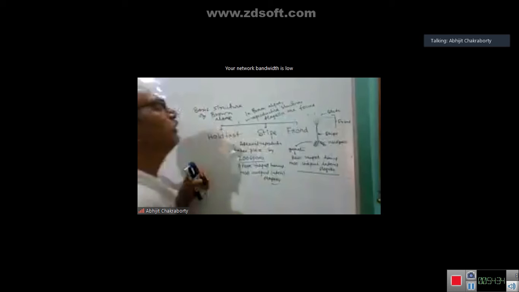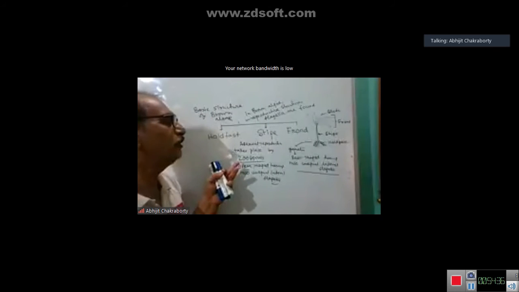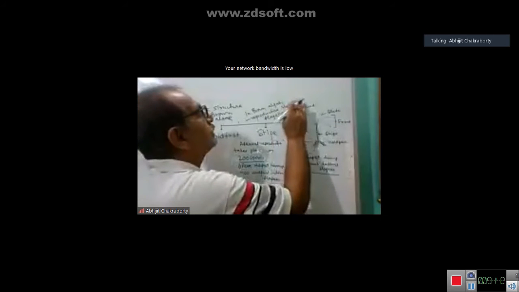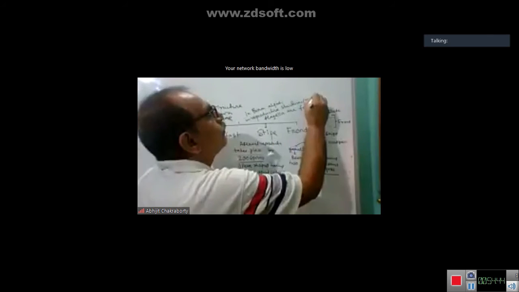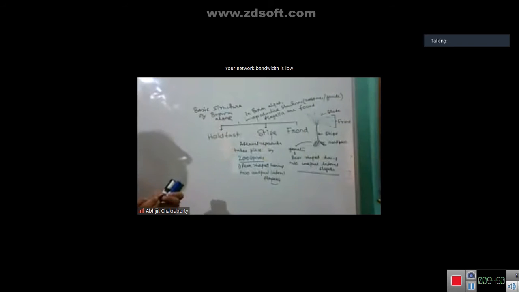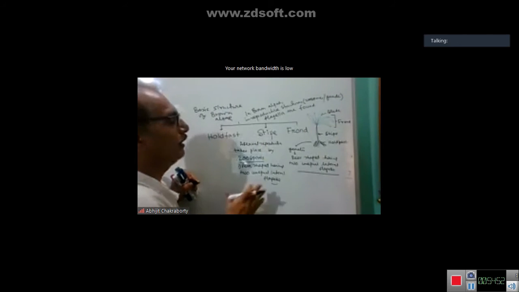In zoospores, the asexual spores, and also in the gametes. Clear? Reproductive structures means zoospores and gametes. Clear?